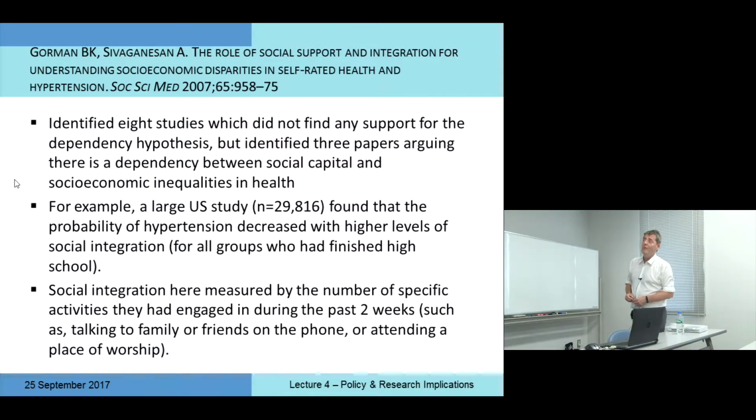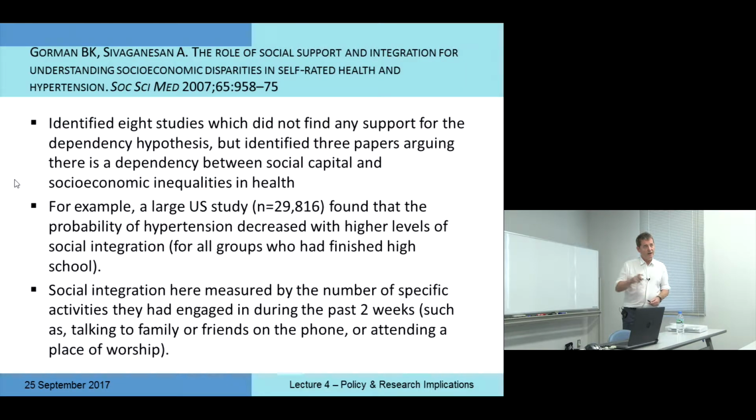And so it's this study by Gorman, and in this large US survey, they found that the probability of hypertension, so that's, if you like, a measure of ill health, the probability of hypertension decreased with higher levels of social integration for all groups who had finished high school.